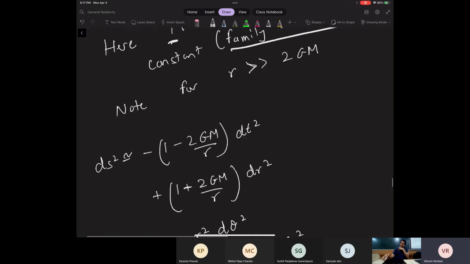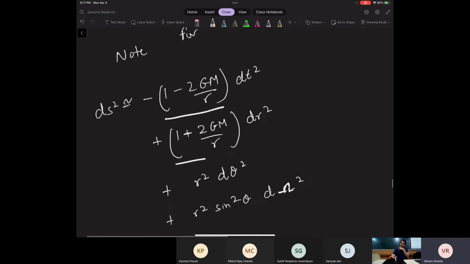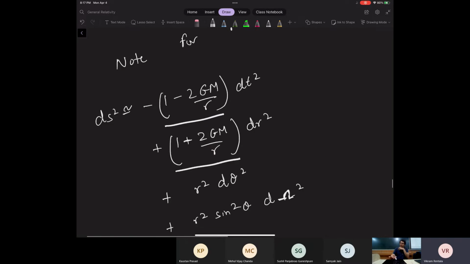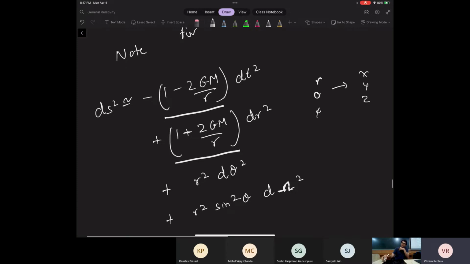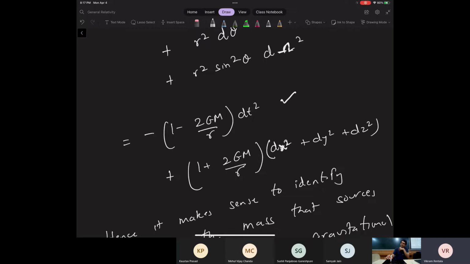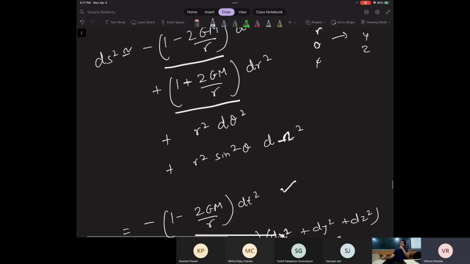What you will get is 1 minus 2GM by r and 1 plus 2GM by r, dt squared, dr squared, r squared d theta squared plus r squared sine squared theta d omega squared. If I switch to Cartesian coordinates, from r, theta, phi to x, y, z, the metric takes this form: minus (1 minus 2GM by r) dt squared plus (1 plus 2GM by r)(dx squared plus dy squared plus dz squared).